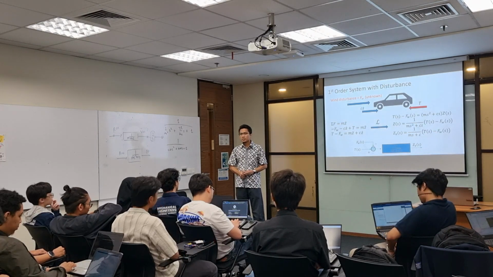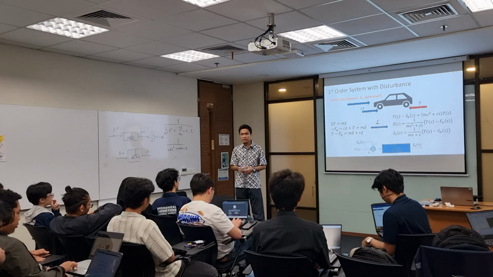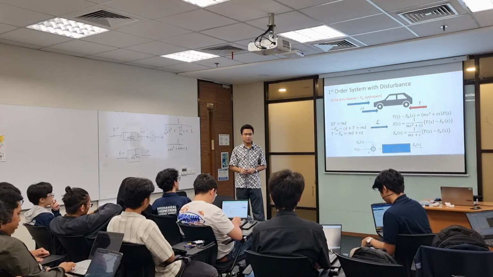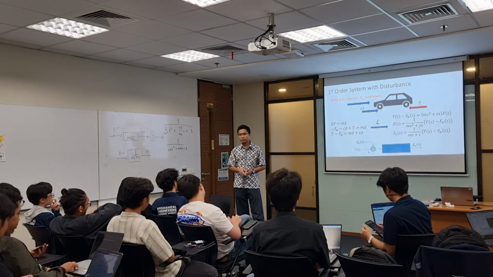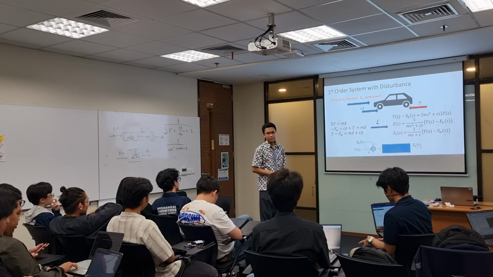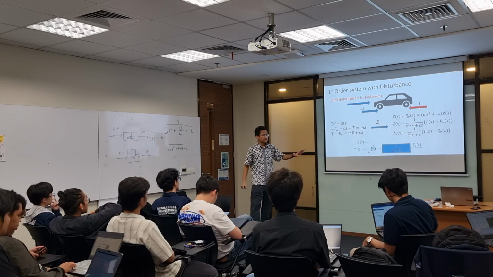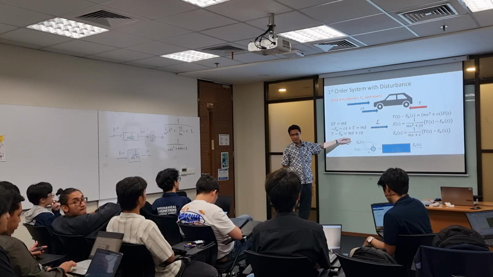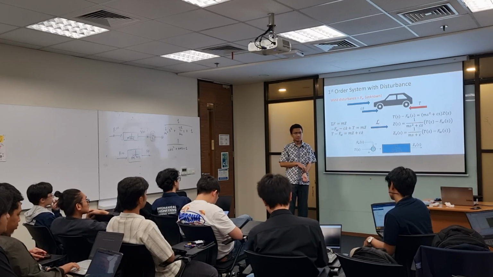So with the transfer function method that we see right now, we cannot see the whole thing. We only select a few outputs to be analyzed. However, when we discuss the system later in state space, we can see the behavior of the system as a whole.